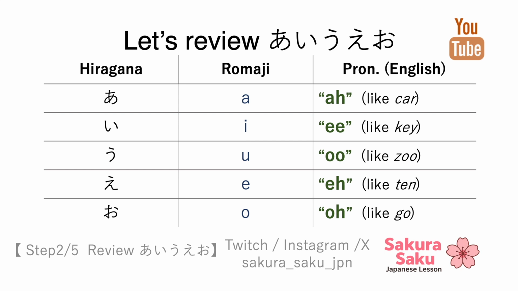You can read a like car, i like key, u like zoo, e like ten, o like go. So you can say a, i, u, e, o. So easy, right? Good. So now let's move on to kakikukeko.